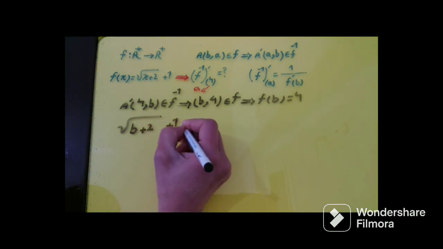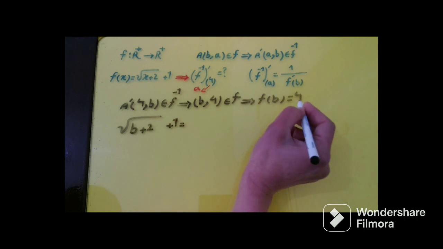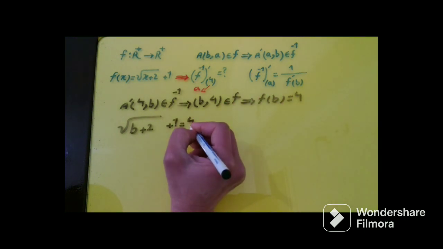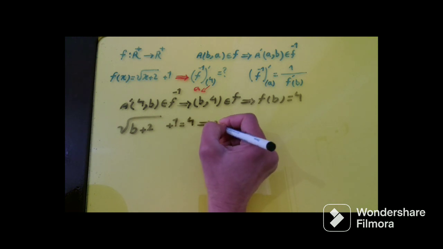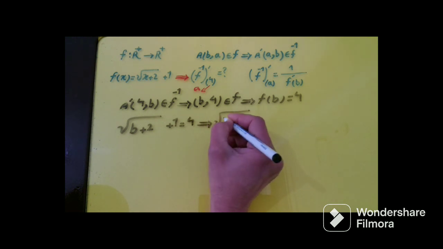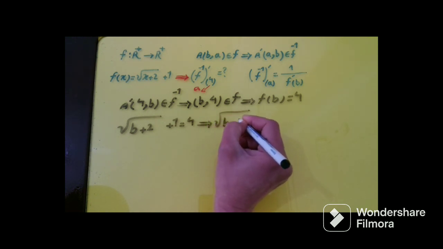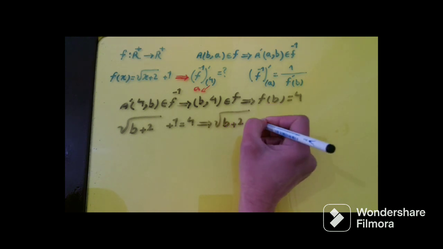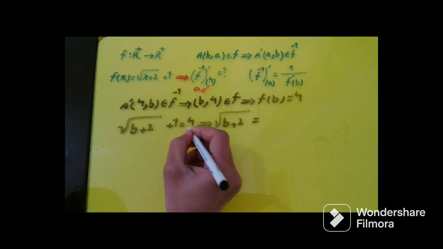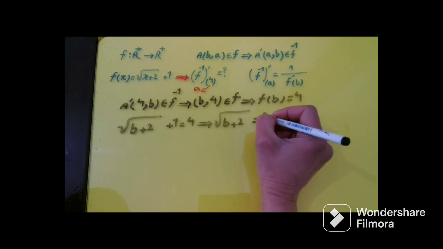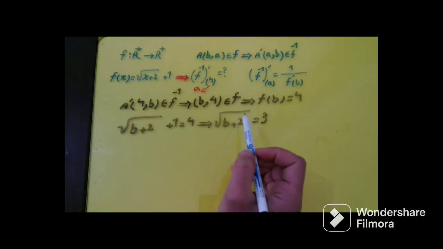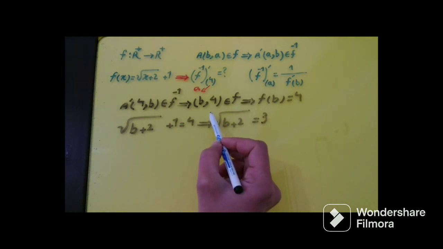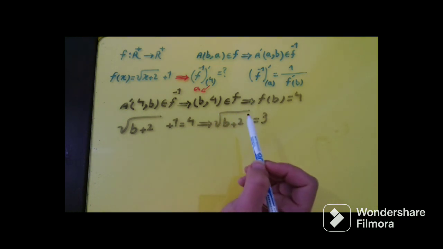Plus 1 is equal to 4. We can write b plus 2 equals 3. For solving this equation, we should undo the square root.